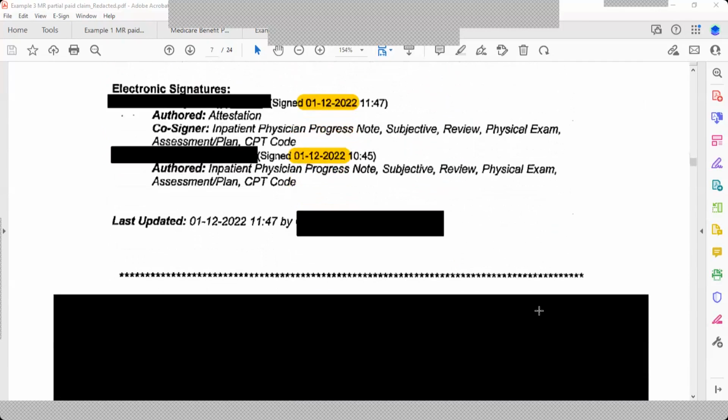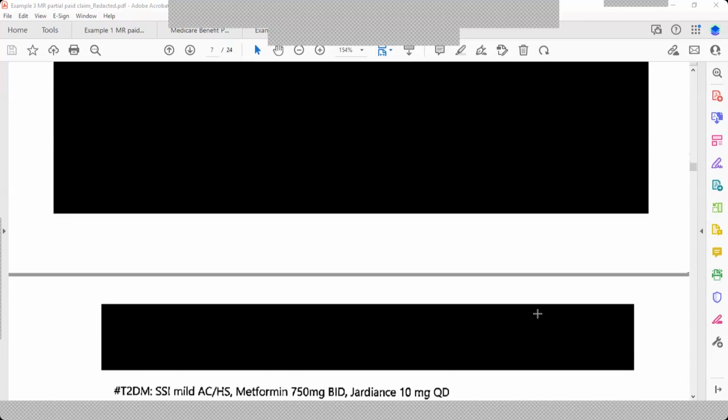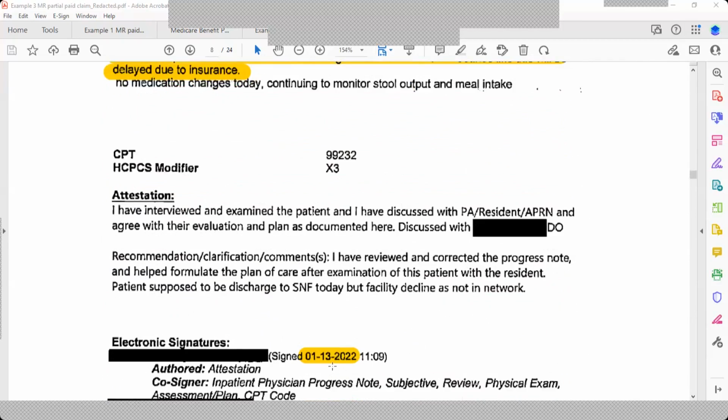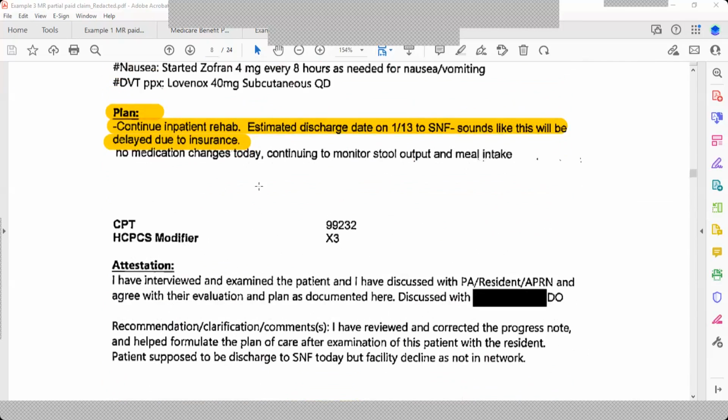The physician note on January 13th, 2022 states the plan for the patient is to continue inpatient rehabilitation with estimated discharge date of January 13th, 2022 to skilled nursing facility, possibly delayed by insurance.